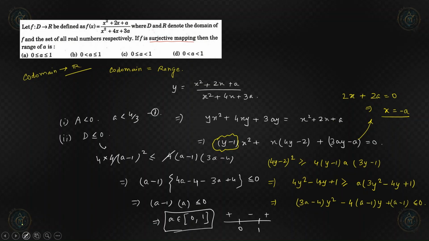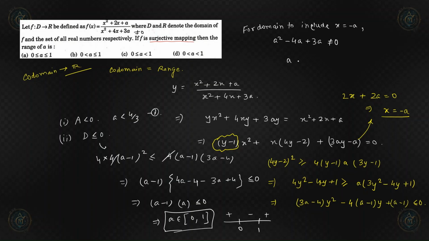Now if we check the domain of this function, the denominator is non-zero. So if we satisfy x equal to minus a, this becomes minus a whole square, so a square, minus 4a plus 3a, and it should be non-zero. For the domain to include x equal to minus a, we must have this condition.